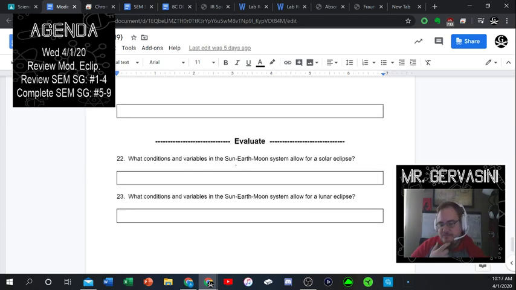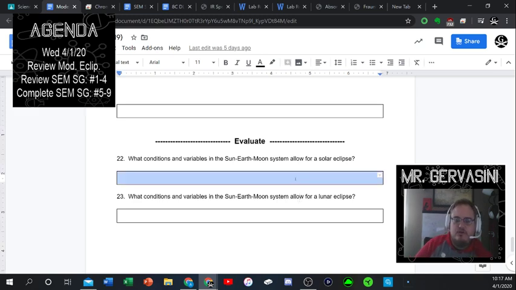The evaluate now, that's what I did the diagram for. What conditions and variables are needed for 22 and 23. You would need that perfect alignment that I diagrammed. You would need the sun, the moon, and the earth in that order, with the moon in between for a solar eclipse.